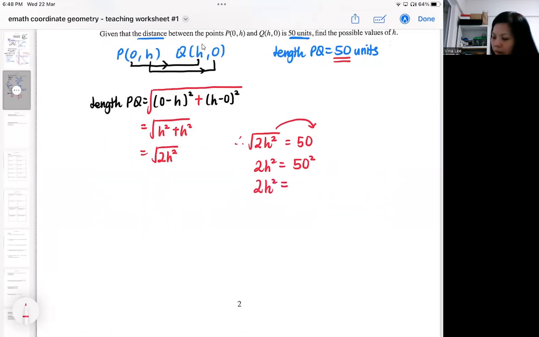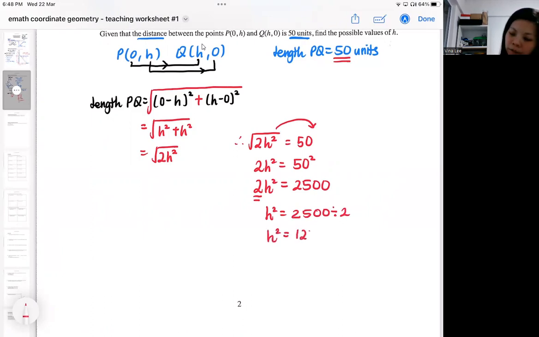There's some algebra you will need to do. You have to get rid of the numerical 2 before you handle the h squared, so we divide by 2 first. I will get 1250. Then I will take a square root.